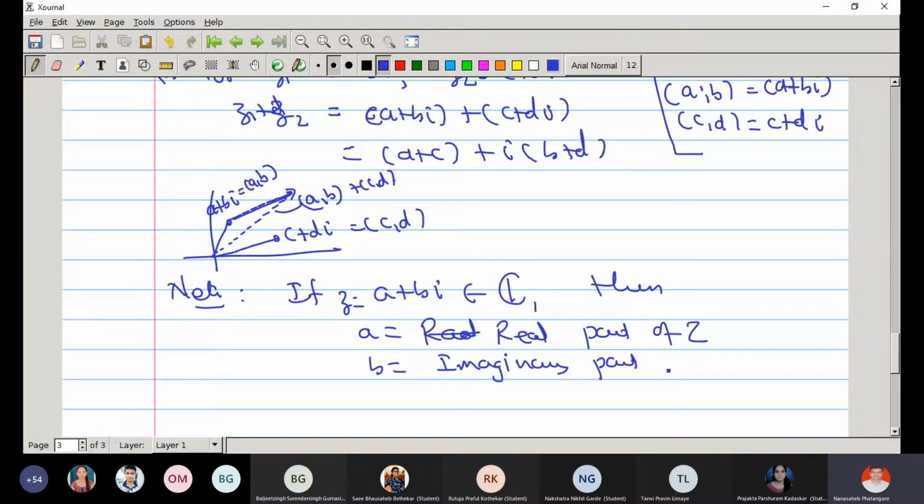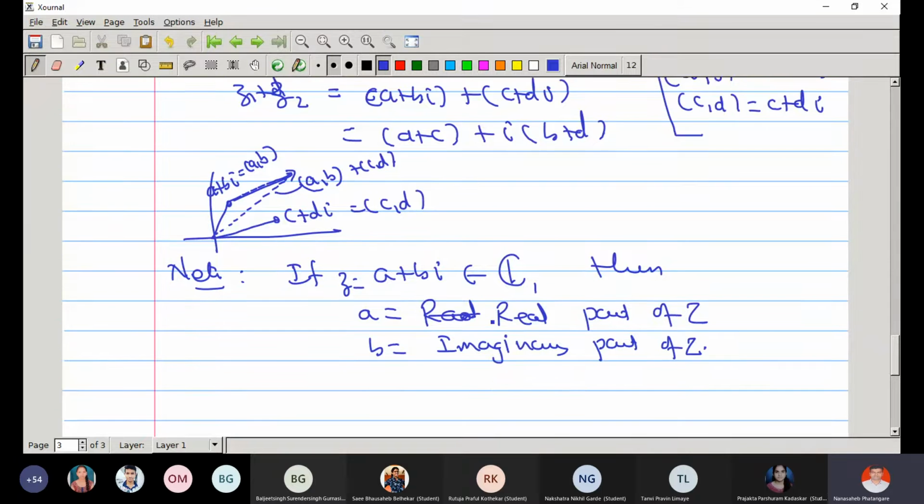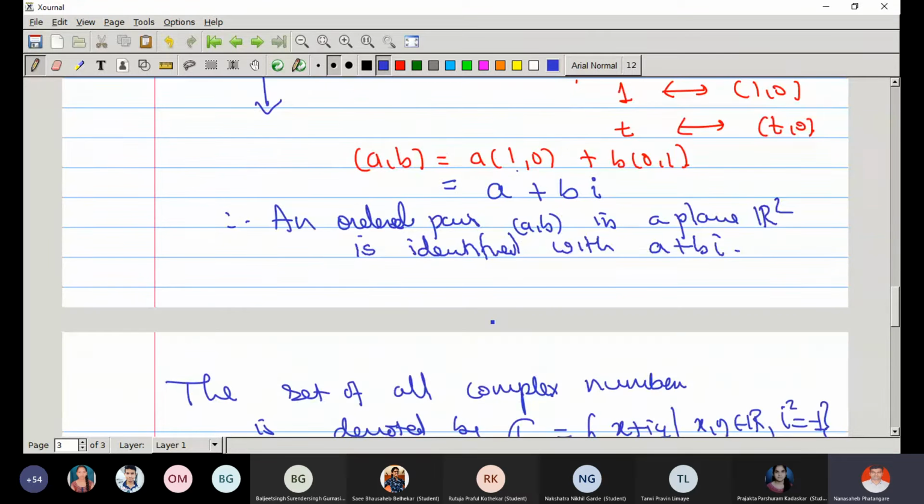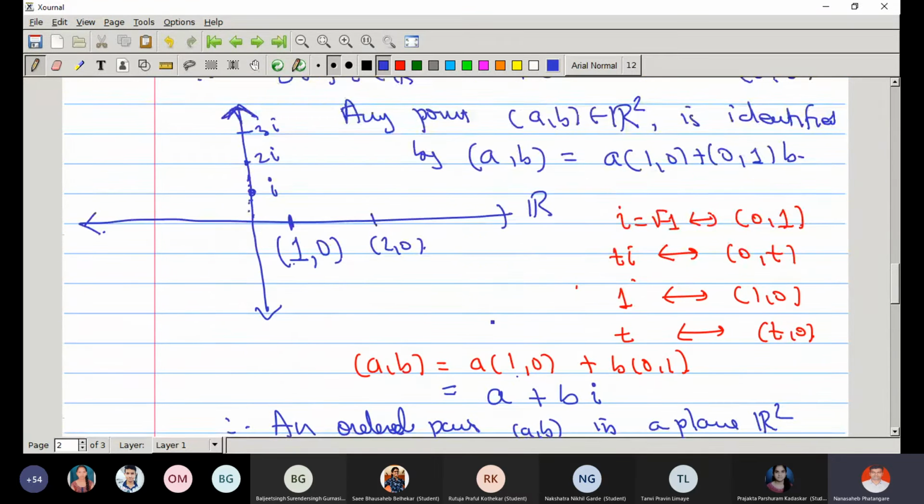So real part means it corresponds to the component on the real axis. So this axis is called the real axis, and in the complex plane this is called the complex axis, right? And with this identification, this plane is called the complex plane.